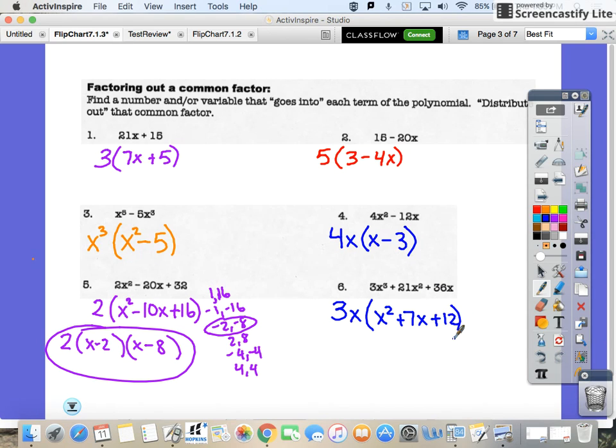We've just got 0 x's for that one. In this, the numbers that multiply to 12 and add to 7 are 3 and 4. So we get 3x times x plus 3 times x plus 4.